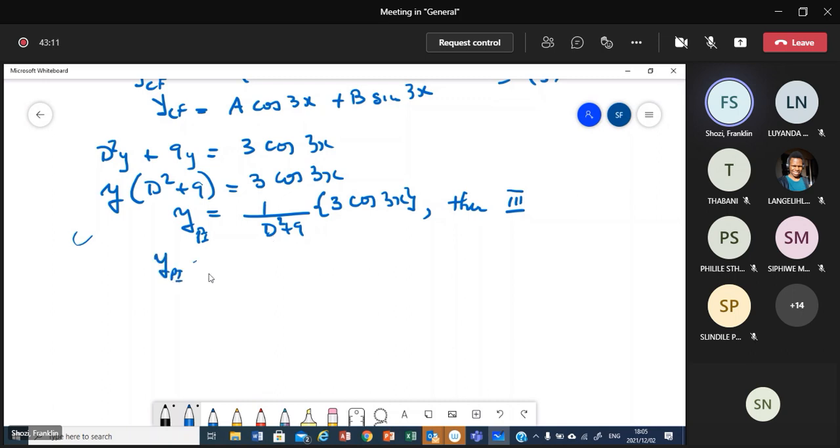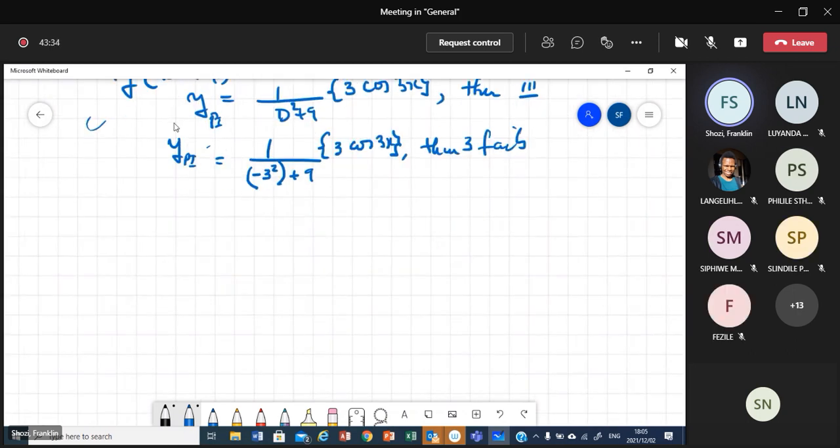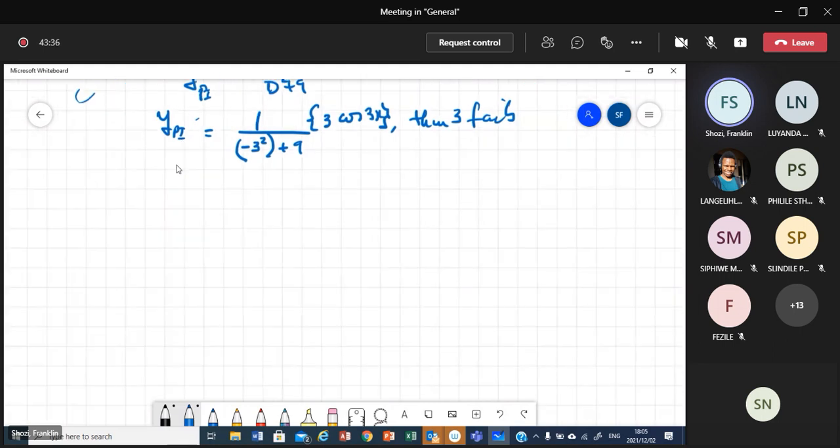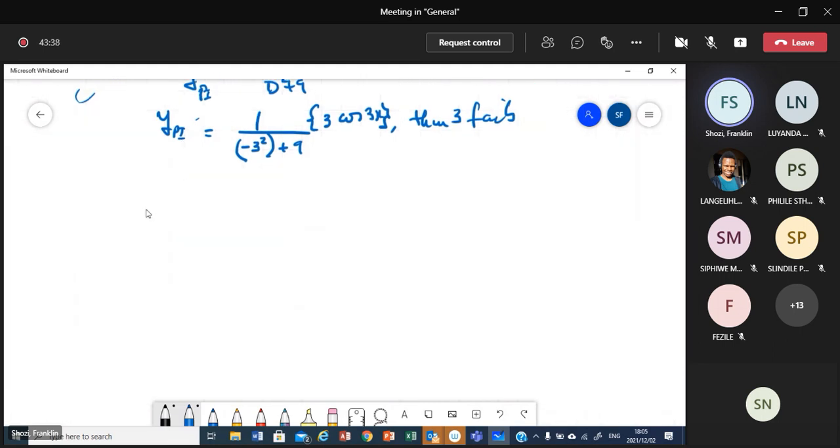Therefore, ypi is 1 all over minus 3 squared plus 9 acting on 3 cos 3x. As you can see here, this is minus 9 plus 9. Therefore, theorem 3 fails. I hope you'll recall that. If theorem 3 fails, what do we do? We make use of complex numbers and then apply theorem 2.